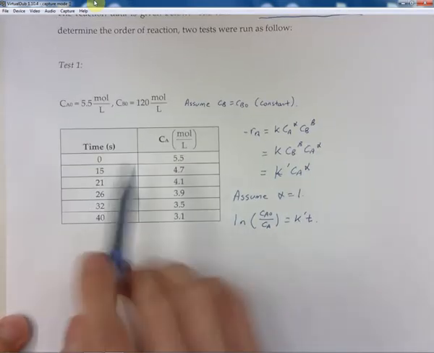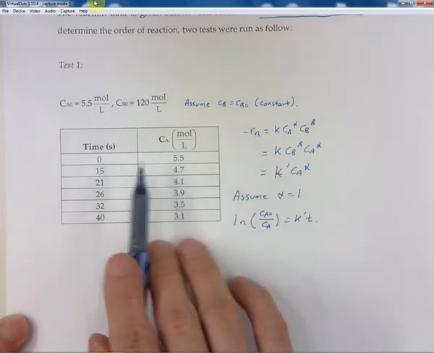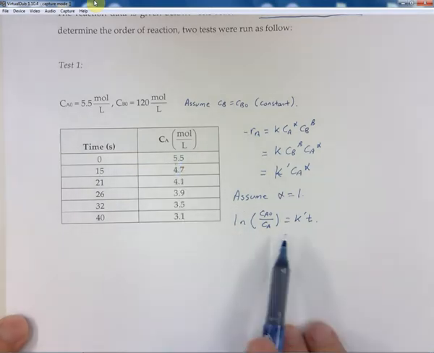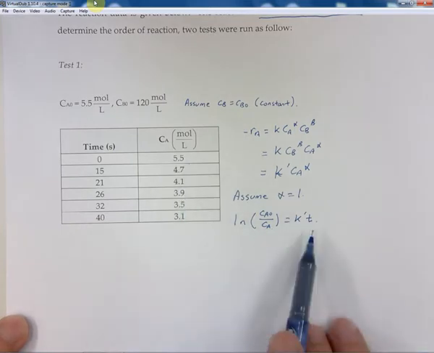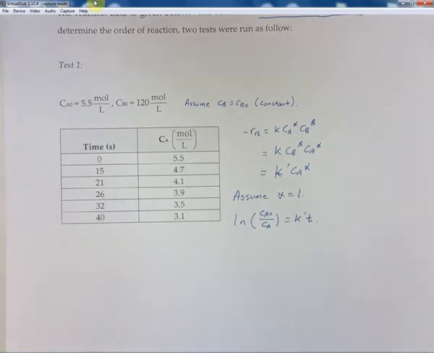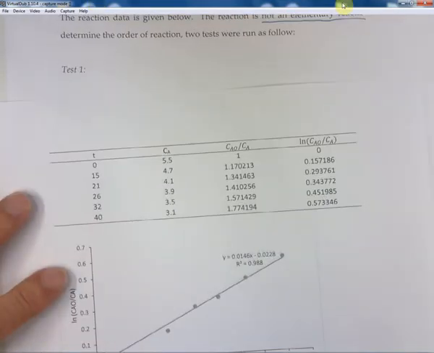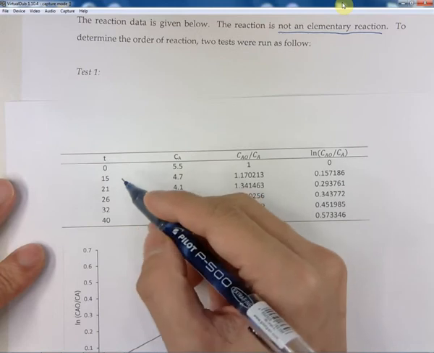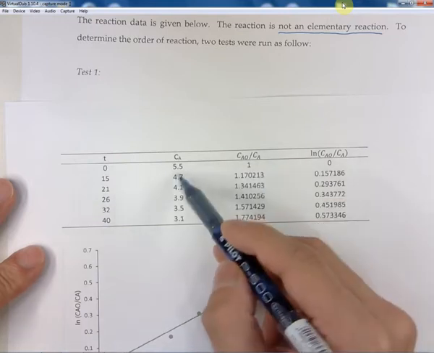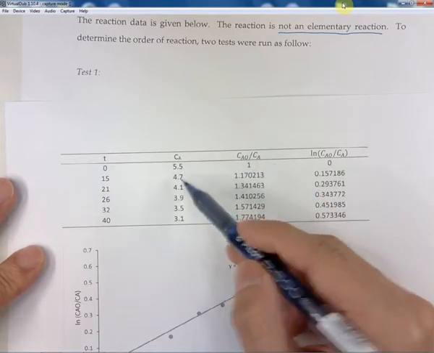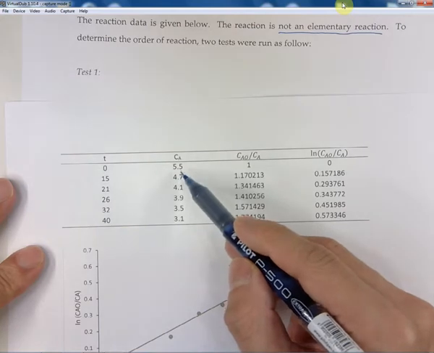If we convert Ca into Ca naught over Ca and plot it versus time, do we get a straight line or not? We have this table here with the time t and the concentration at the various times t. This is Ca naught over Ca. For the first one, 5.5 divided by itself will be 1.